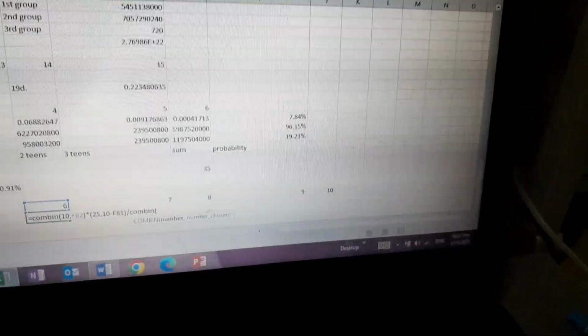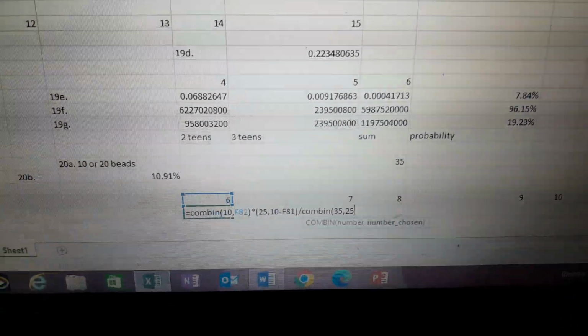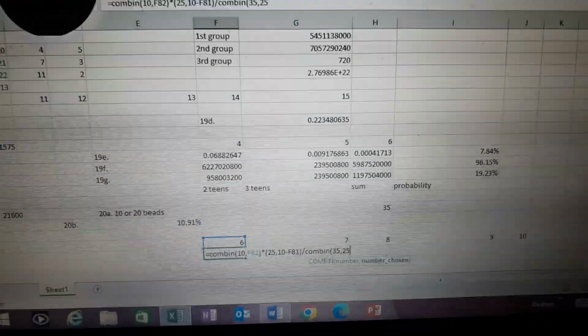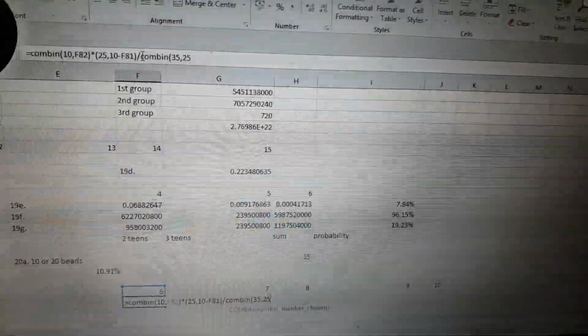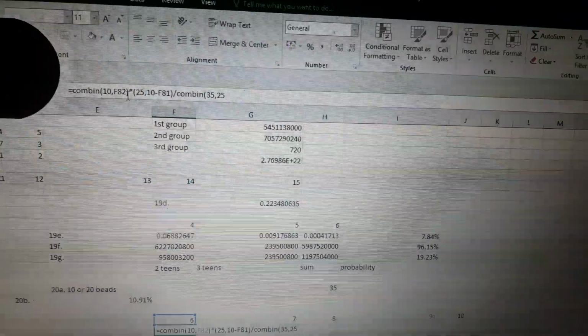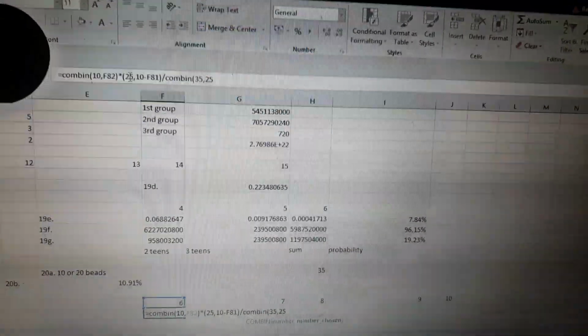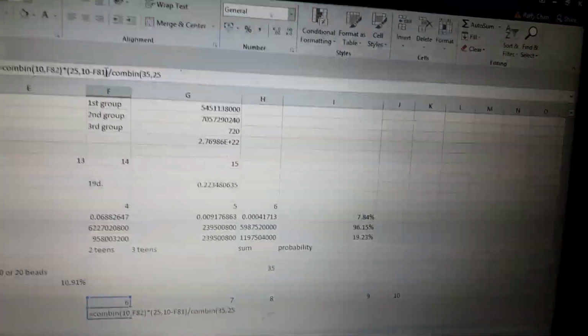Divide by the combination 35C25. Wait. Remember there are 35 beads, right? So 10C6, there are 6. And then this one, we need to get 19.